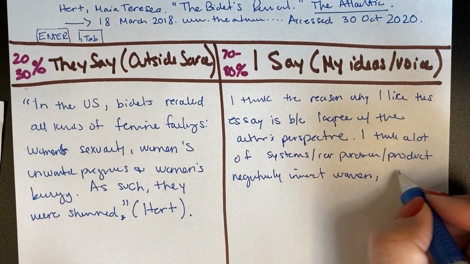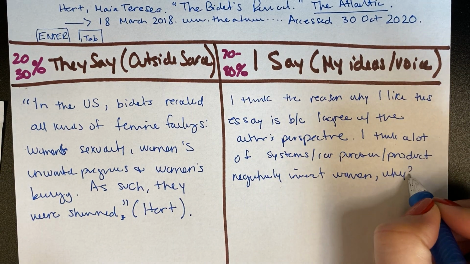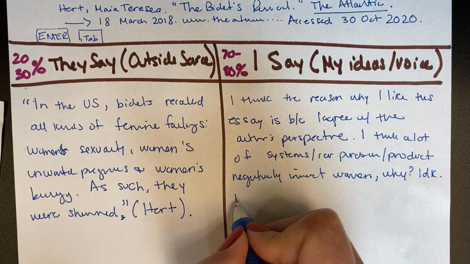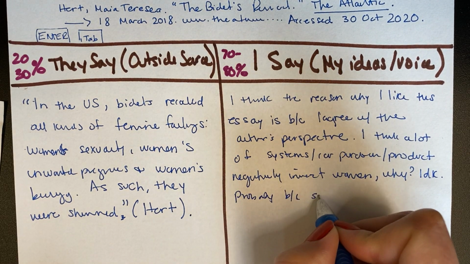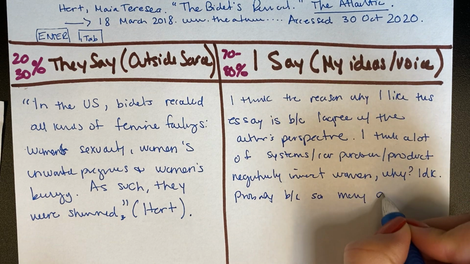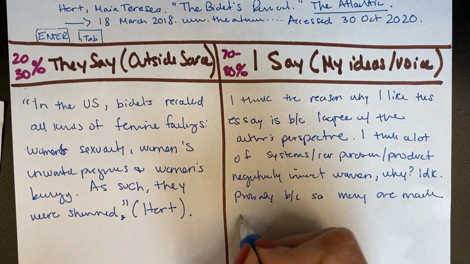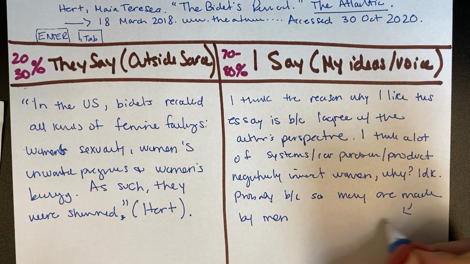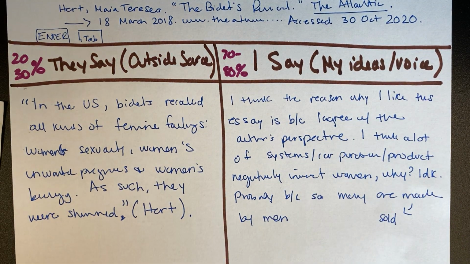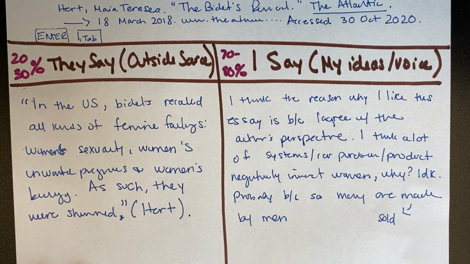And why? Well, I don't know. And I'd say probably because so many are made by men. Made and even sold by men. And if we look back to the essay, we kind of see that.